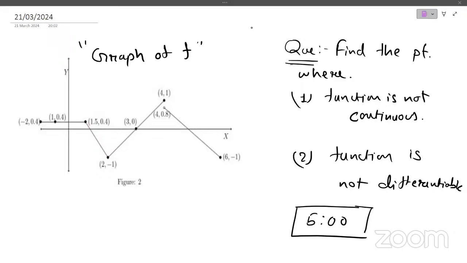If you got the answer, just reply yes in the chat box.